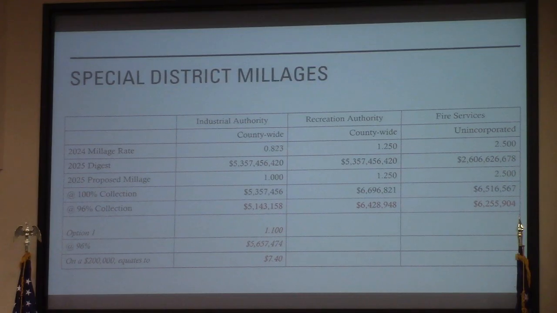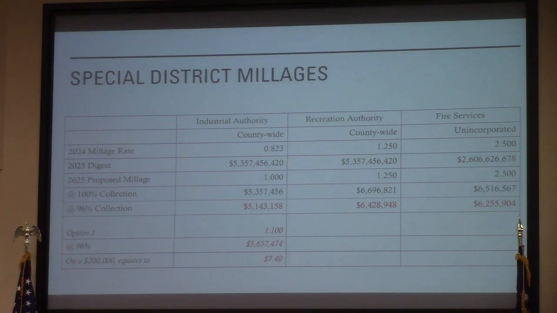Our initial proposal was to raise that back to 1, which it had traditionally been set at, which at 96% collection would generate $5.1 million in tax revenue for them. There is another option that's been proposed to raise that to 1.1, which would generate about $500,000 in additional revenues. And on a $200,000 home, that would equate to about $7.40 on the tax bill.